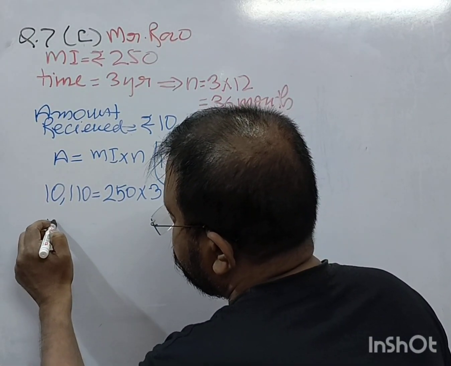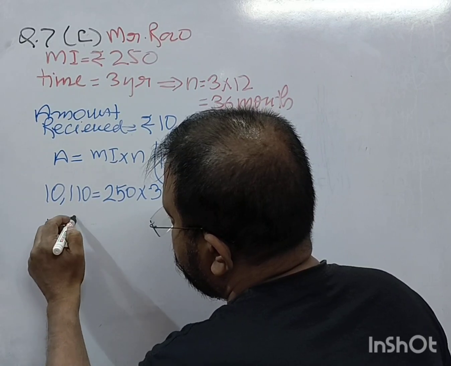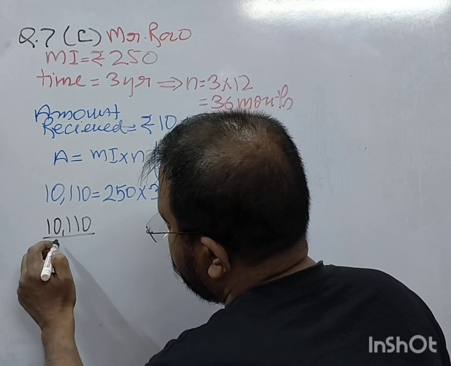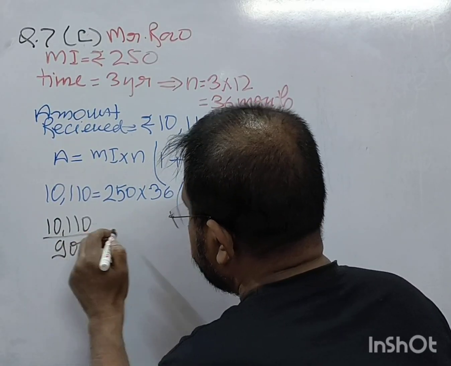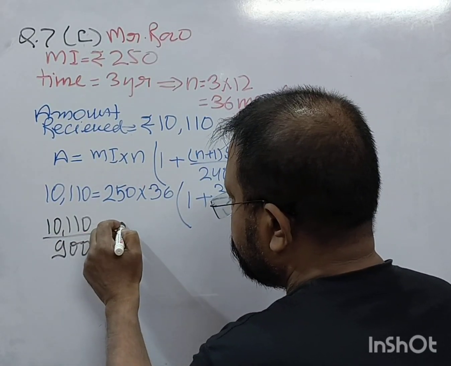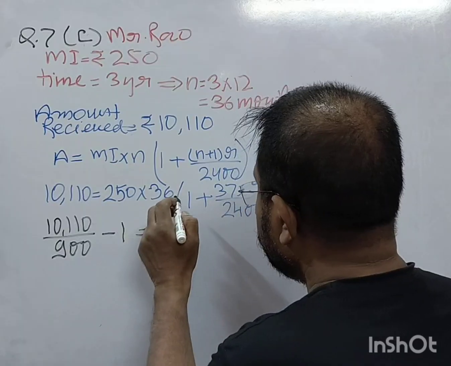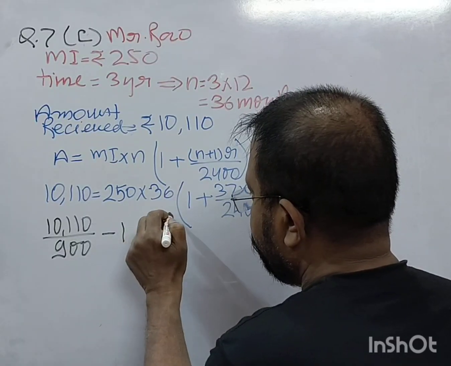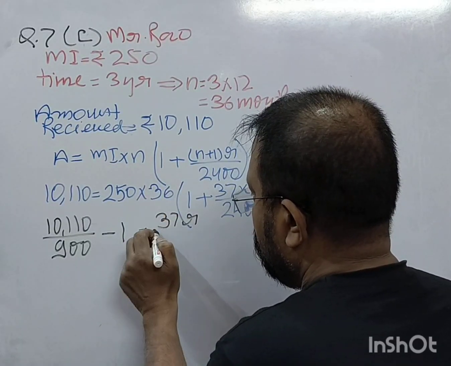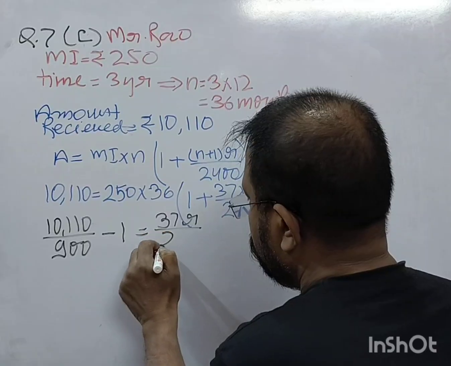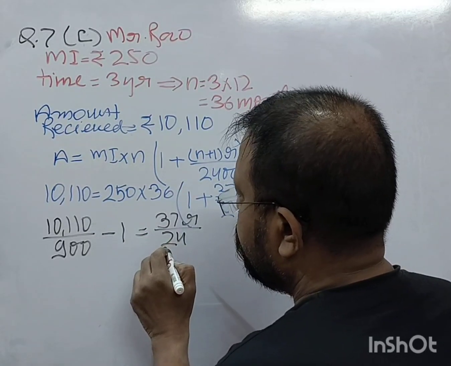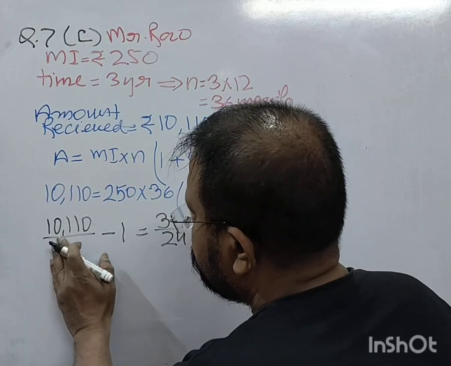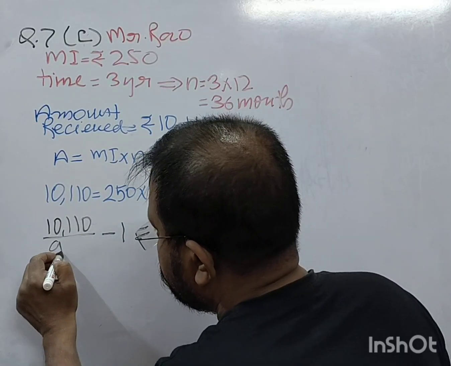So 10,110 upon 9,000 minus 1, bring this one on this side, is equal to 37r upon 2,400.